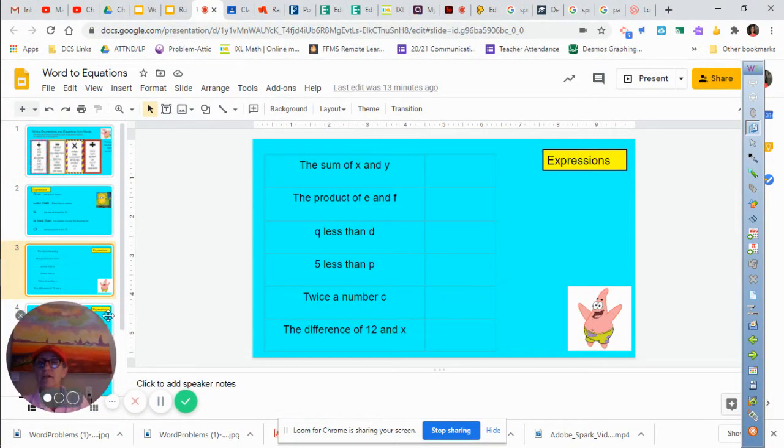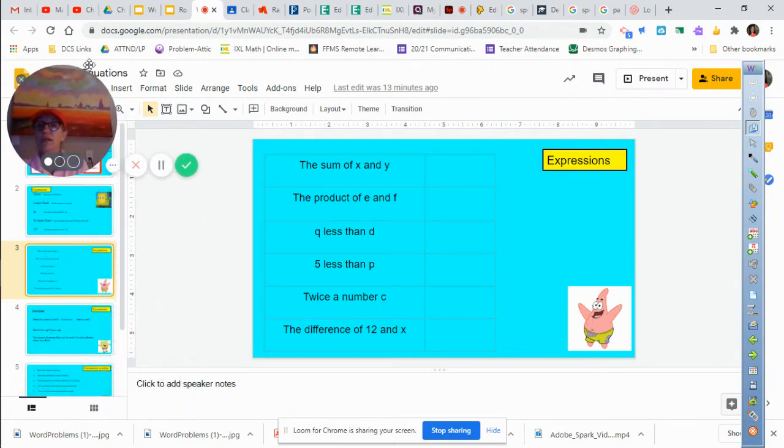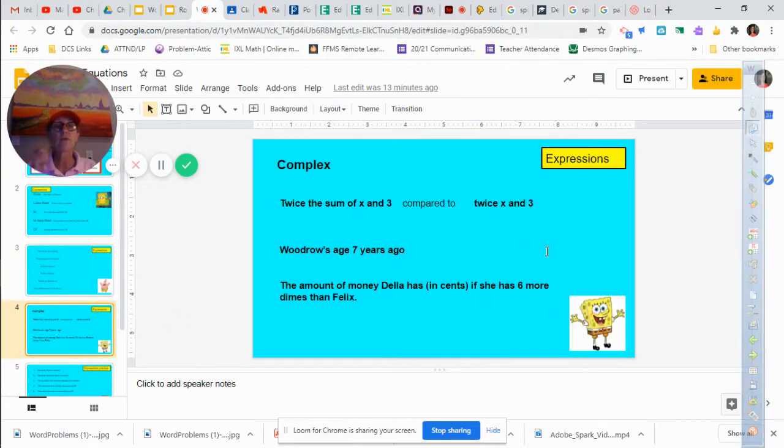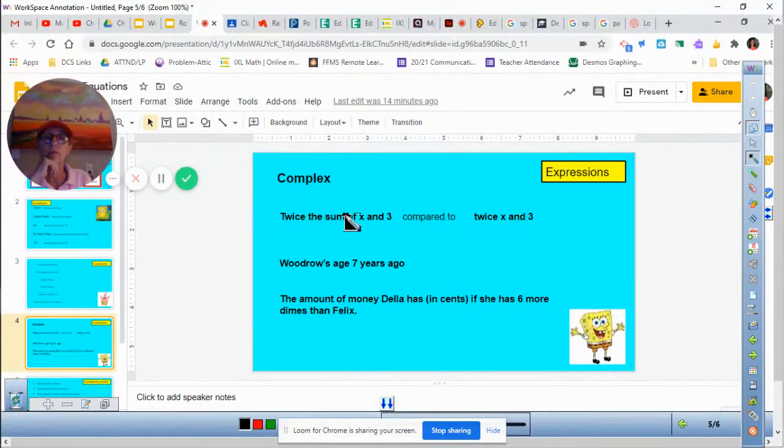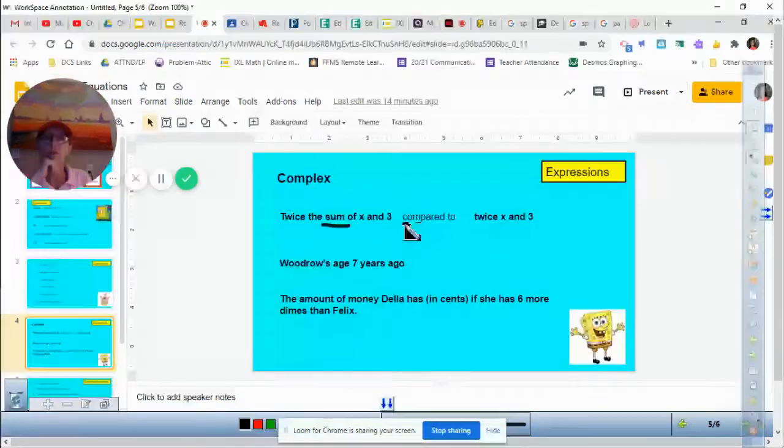All right, so let's go down to this one. Now we're getting to some that are a little bit more complex because they're compound problems. Look at these two: twice the sum of X and 3 compared to twice X and 3. Because we have this sum of in here, we have to use parentheses. Twice the sum of X and 3 doesn't mean twice X and then add 3.